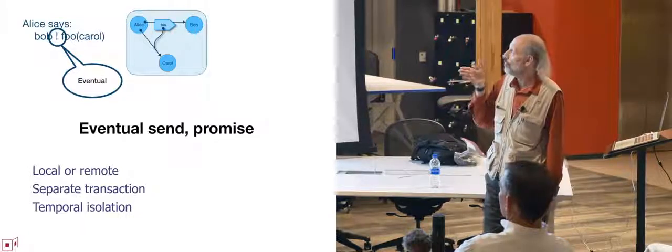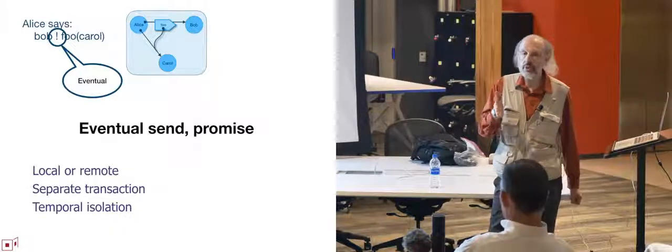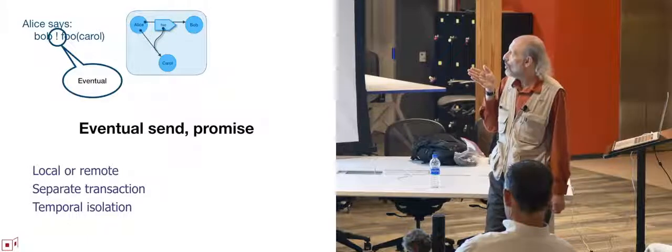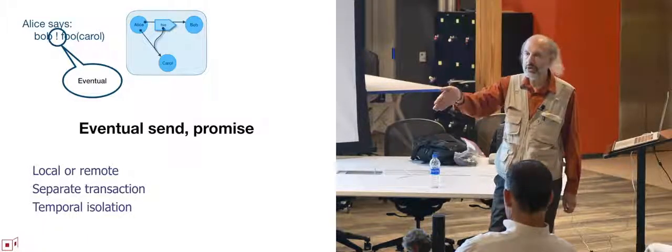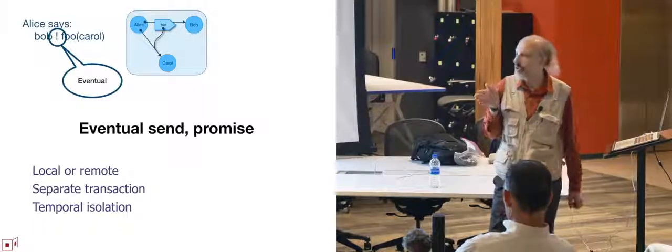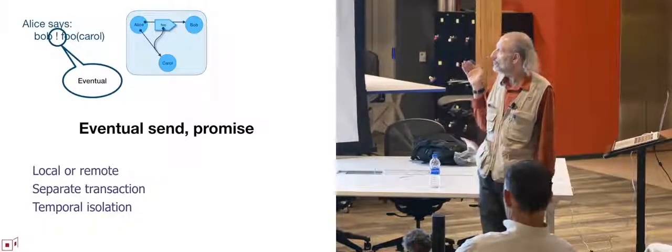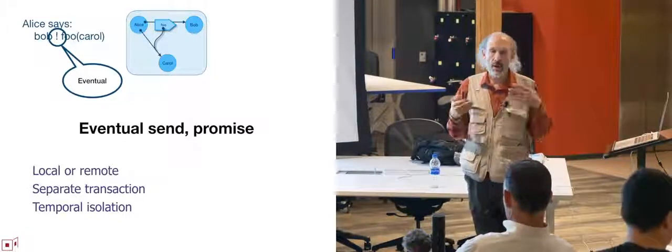Sends the message foo to Bob eventually to be delivered to Bob in a separate transaction. And when Alice sends that message off, the message send immediately returns to Alice a promise for what the result will be. And now Alice and Bob are protected from each other.